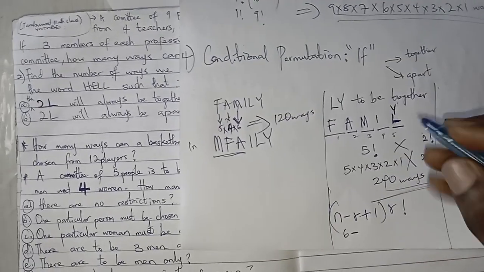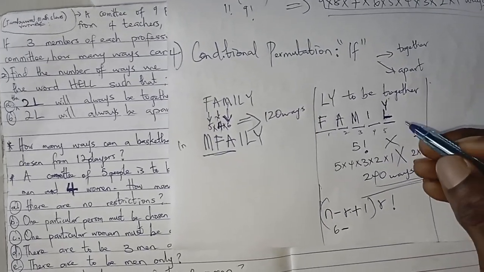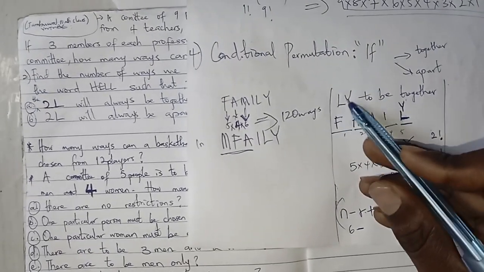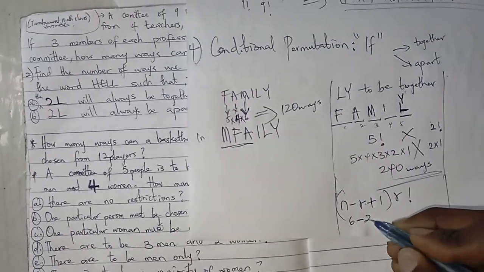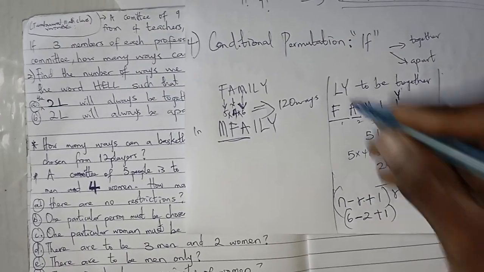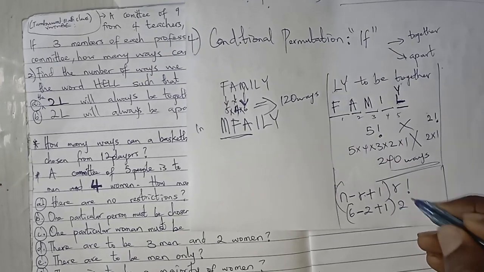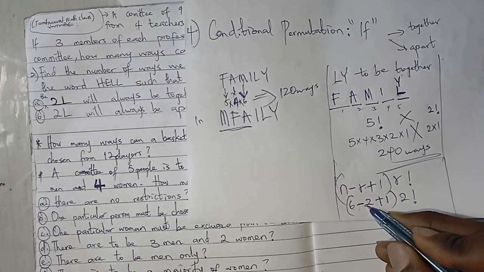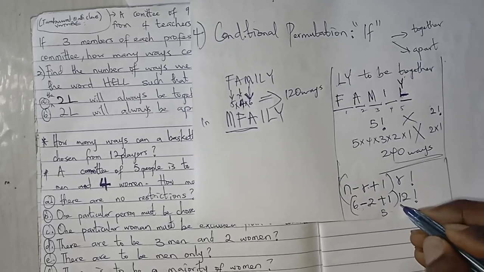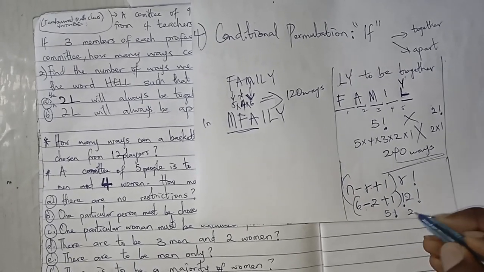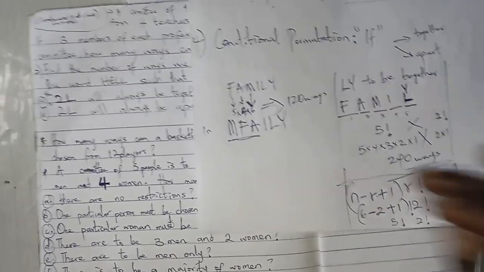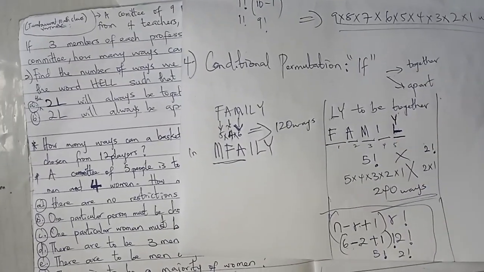Minus the r here. The r here is going to be the things they are telling me to put together. LY is 2 things. 2 plus 1. Then the r, LY, so 2 factorial. And this is going to give me 6 minus 2 is 4 plus 1, 5. And it's going to carry factorial, then 2 factorial. By the time you do this, you get the same thing you have here.